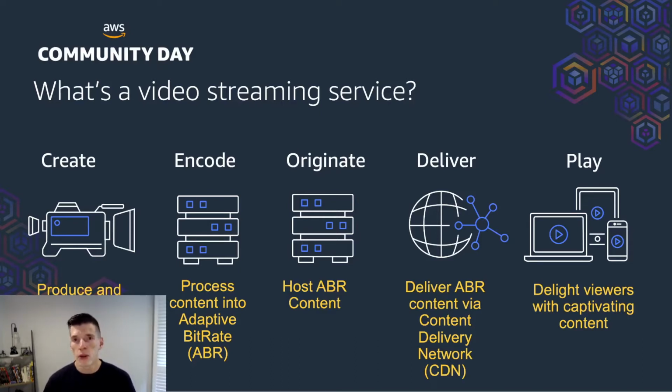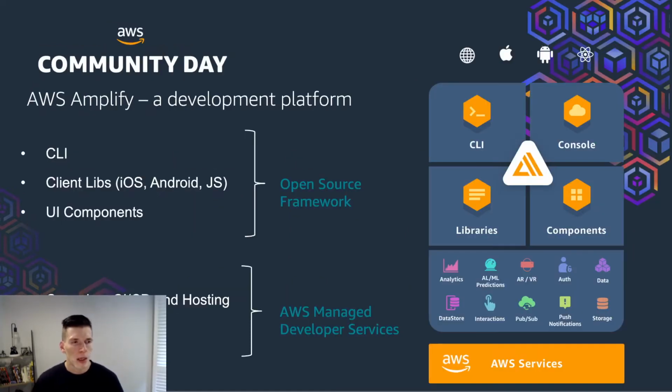There will be a point of presence, a location near them, that is storing that content and potentially caching it if your content can be cached. After that, obviously, your users will be playing that content on their devices, and it will be happy days.